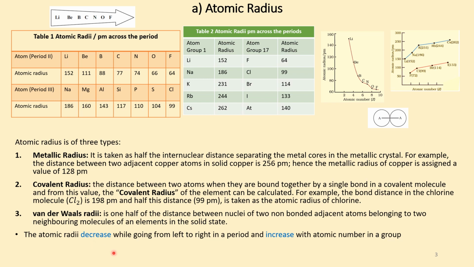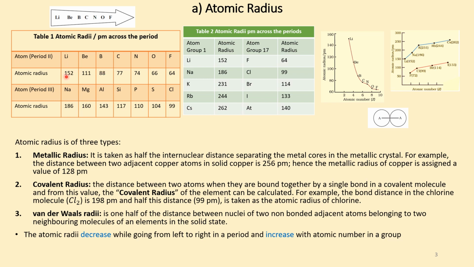The atomic radii decrease while going from left to right in a period and increase with atomic number in a group. For period 2, the first line is lithium, beryllium, boron, carbon, nitrogen, oxygen, and fluorine.